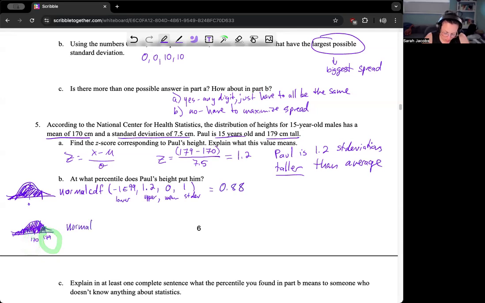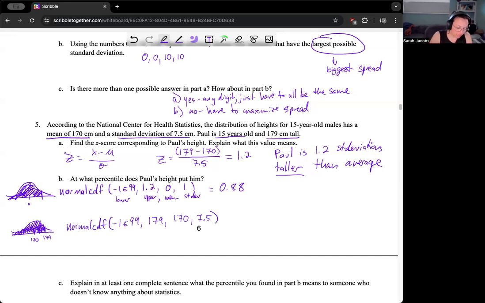This time, say normal CDF, still going to negative infinity because it's that point and below. We could say 0 in this case because no one's going to be less than 0 centimeters tall, but it's going to have a negligible effect here. His actual height is 179, the mean is 170, and the standard deviation was 7.5.